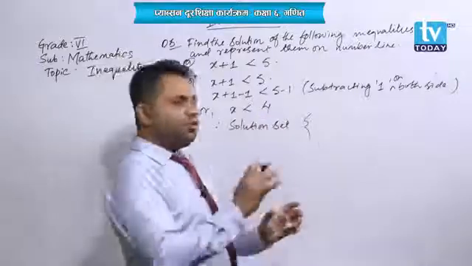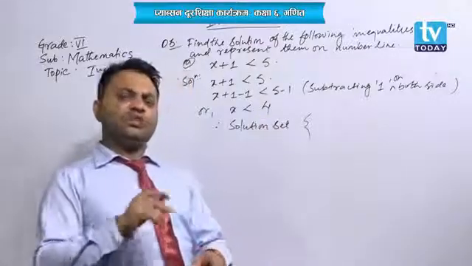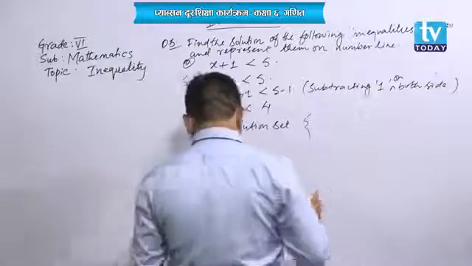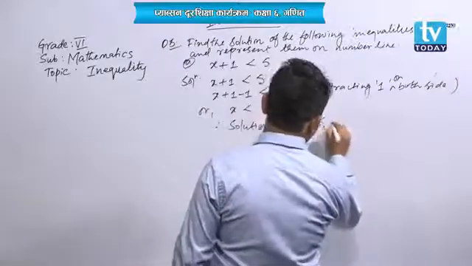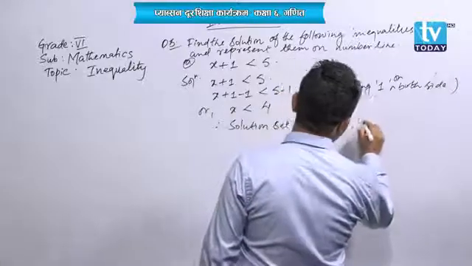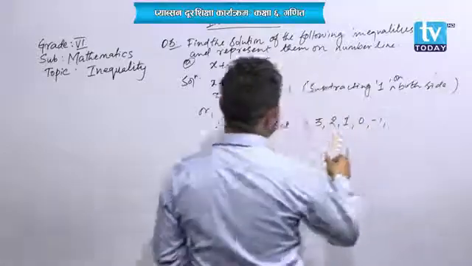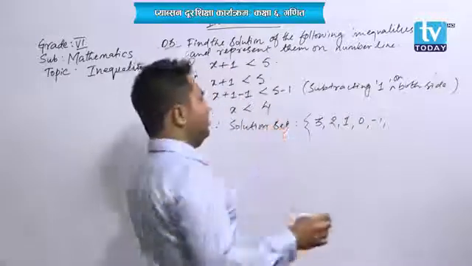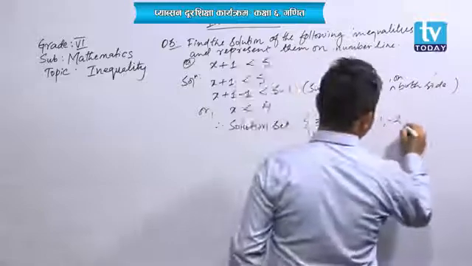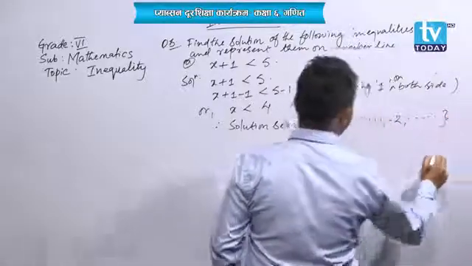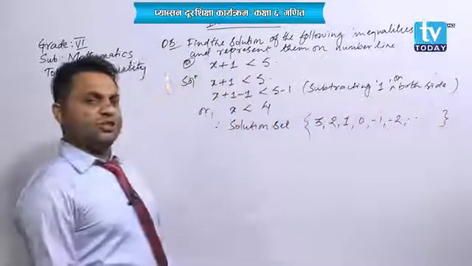That means less than 4 means 3, 2, 1, 0, minus 1, minus 2, in this way, like 3, 2, 1, 0, minus 1, all these are the values less than 4. This is the solution set for this question.